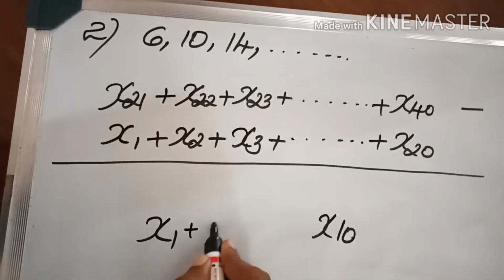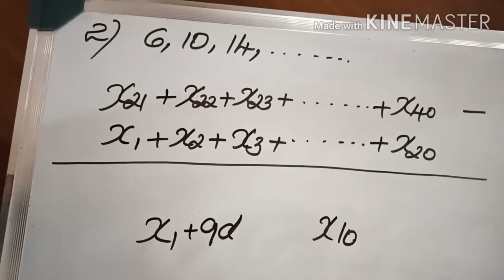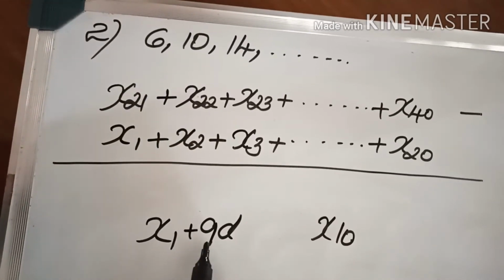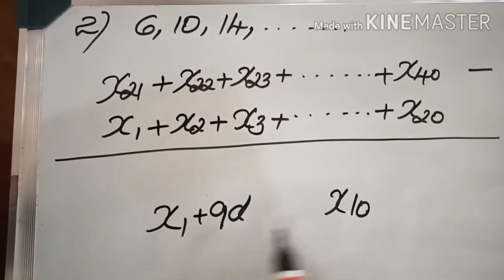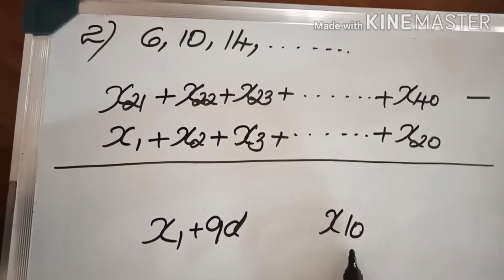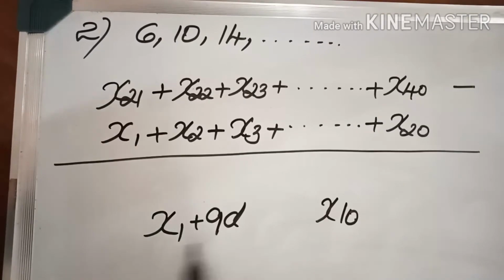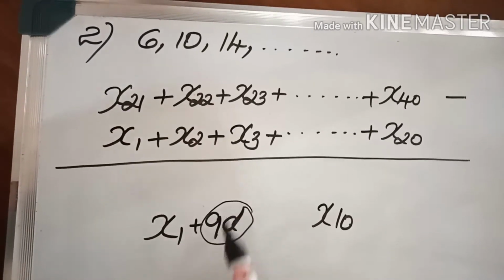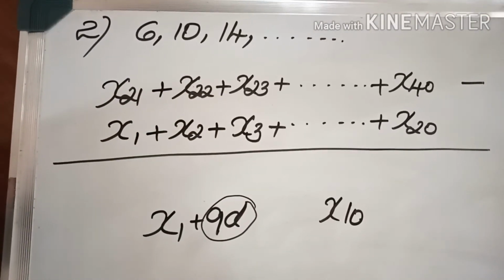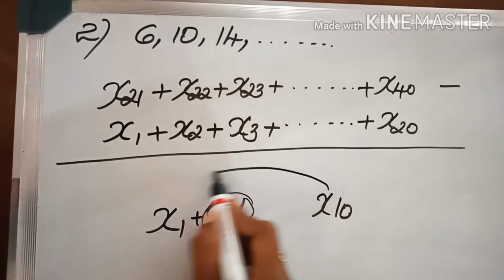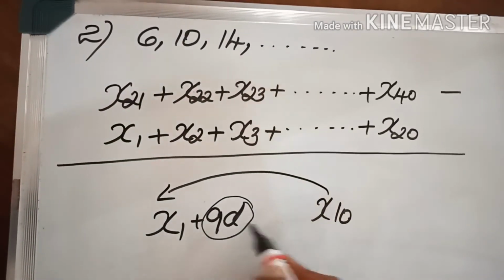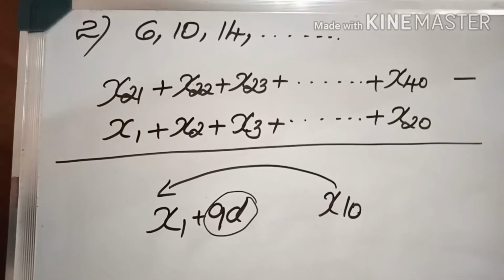We will add 9 times the common difference. First term plus 9 times common difference gives the 10th term. That means if we subtract the first term from the 10th term, 9 times common difference will remain.